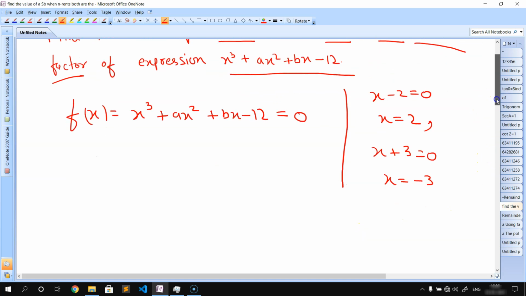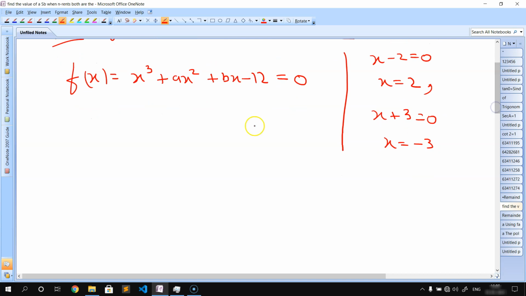So we will solve this equation in two parts. First we will put the value of x as 2, and second we will put the value of x as minus 3. When we put x as 2, it becomes 2 cube plus a into 2 square plus 2b minus 12 equals 0.